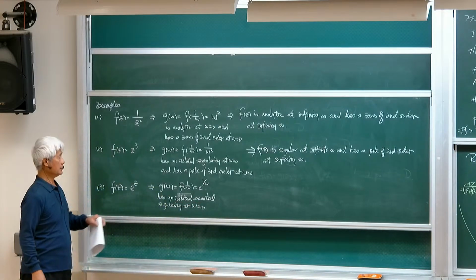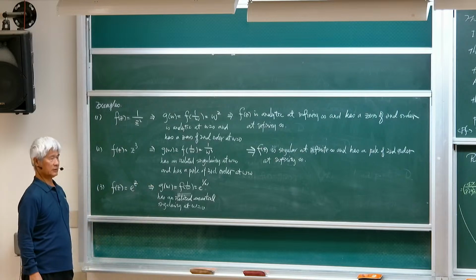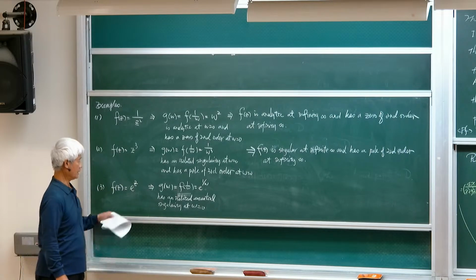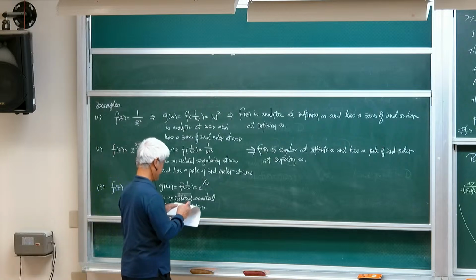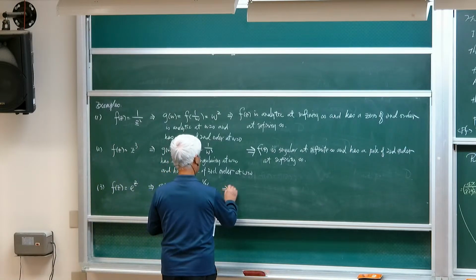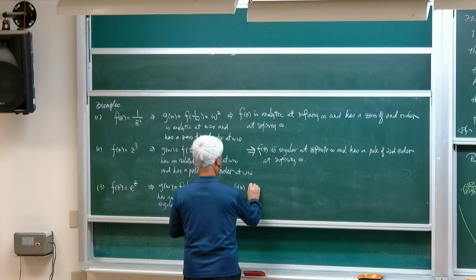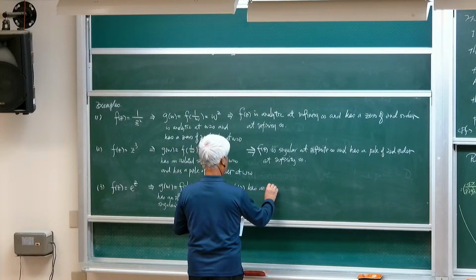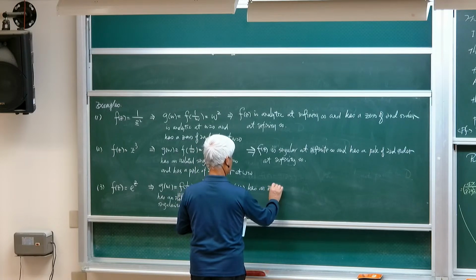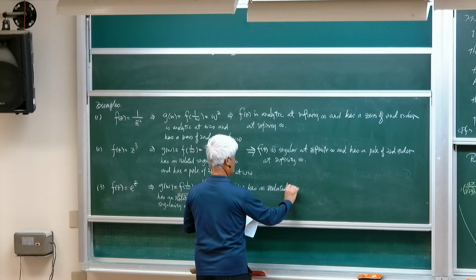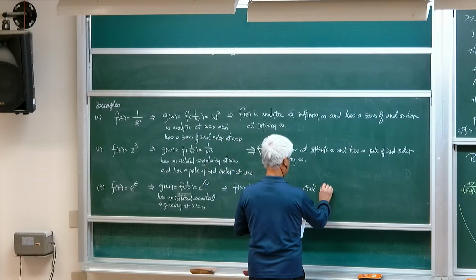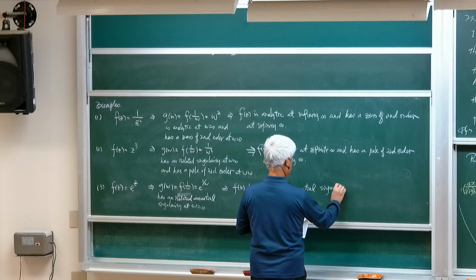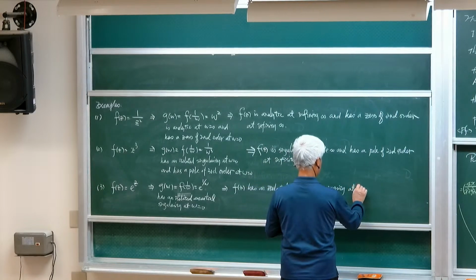So this w function has an essential singularity. This implies that f of z has an isolated essential singularity at infinity.